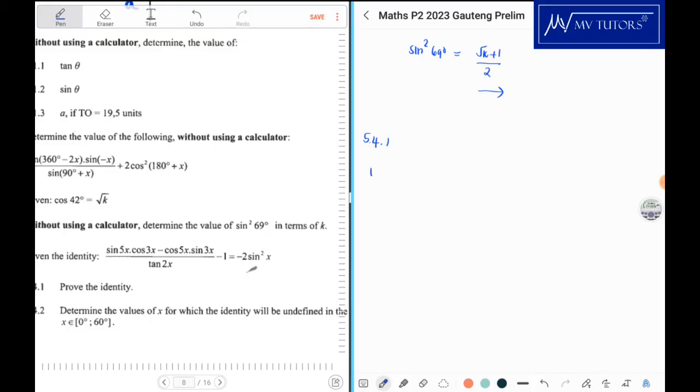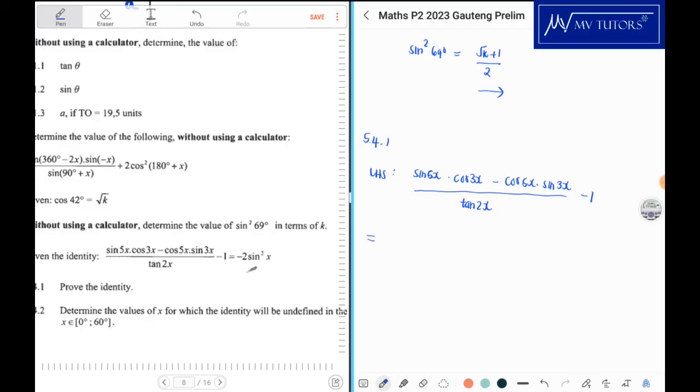So I'm going to start with the left-hand side, and then we have sine 5x times cos 3x minus cos 5x. I hope bells are ringing in your mind as we write this. It's going ding, ding, ding. Not that it's red flags, but more that I know what to do.